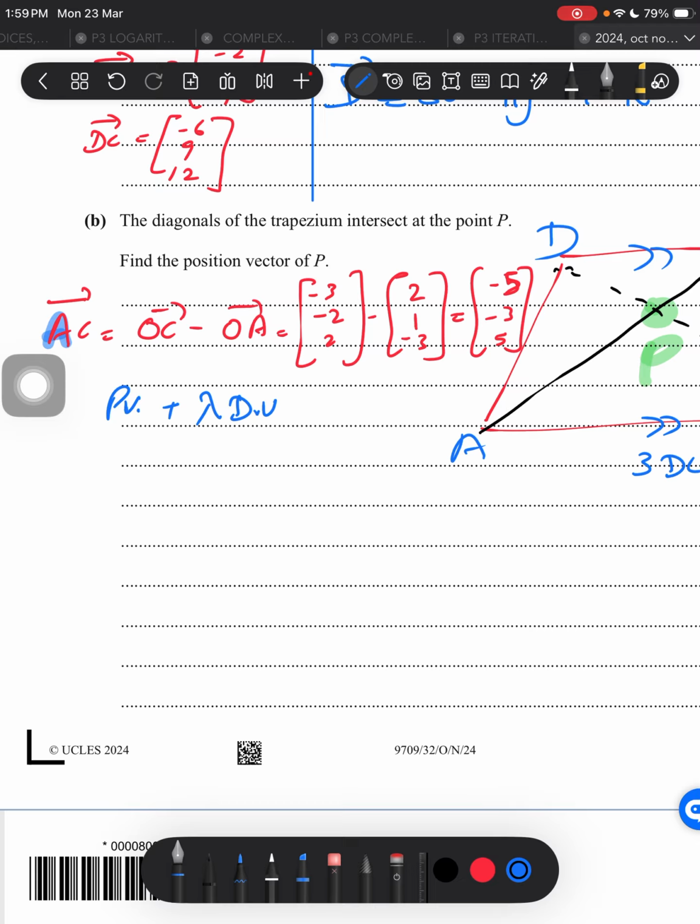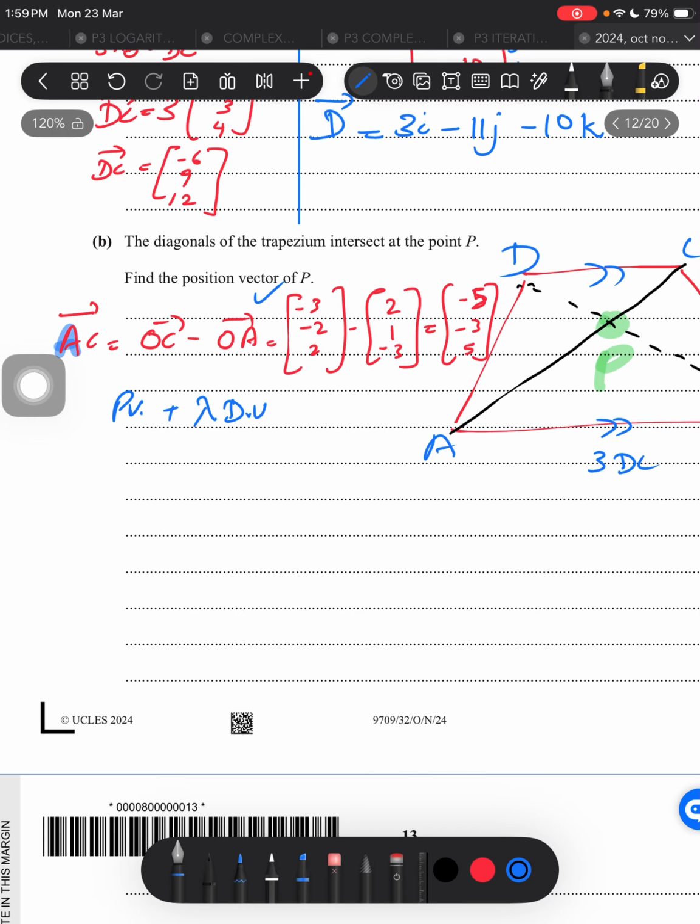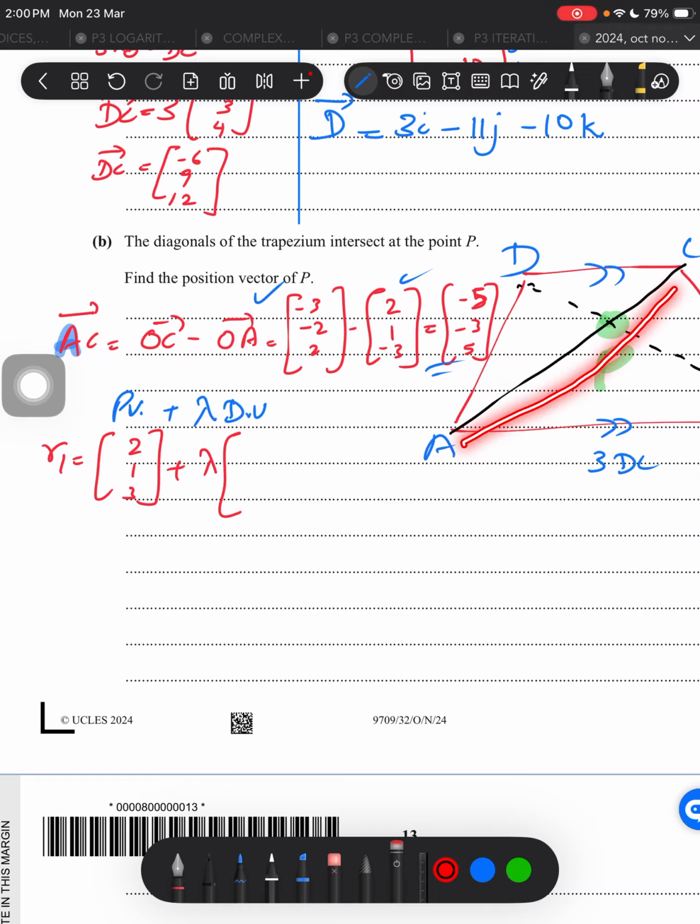So position vector from A, that is the starting point, and the direction is this.